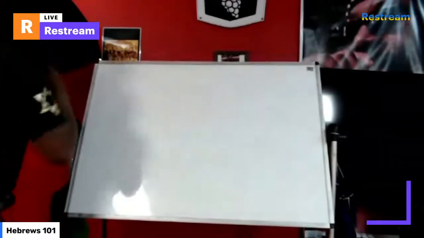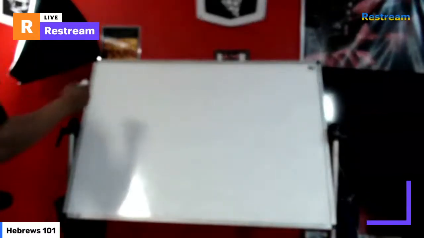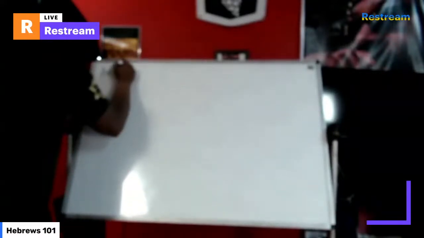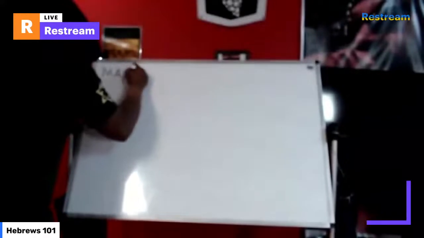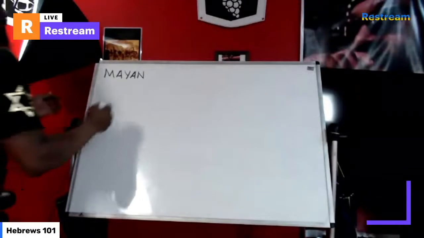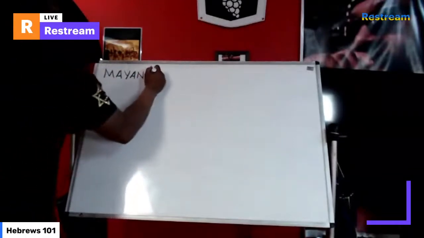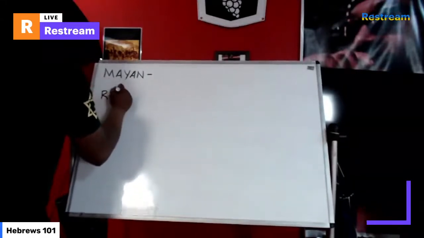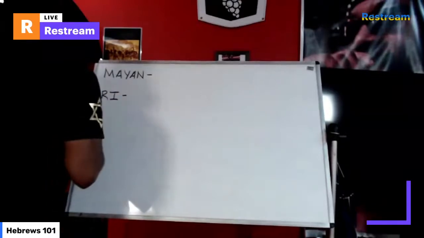Let's keep it moving. So now we have Hawashinawa, as in deliver us. Your next word is Mayan. Next word is Mayan. Mayan. Rye.